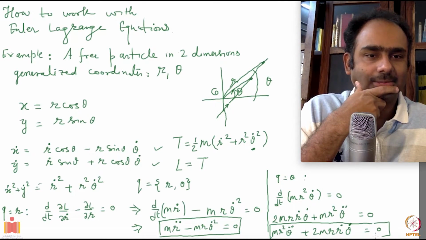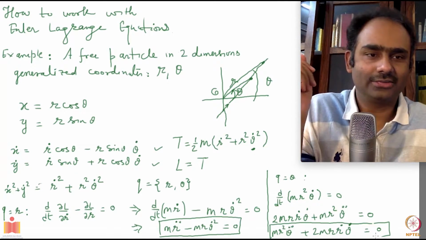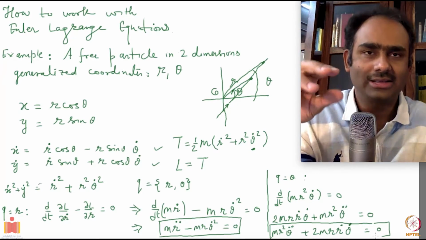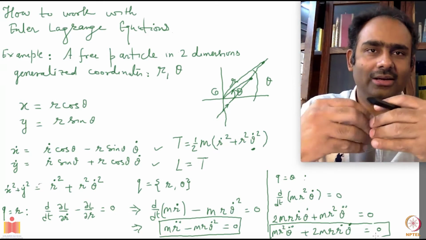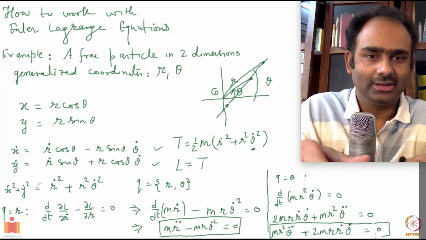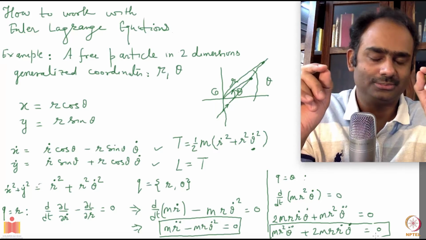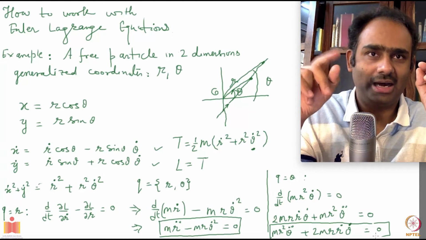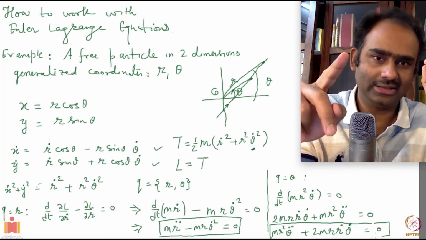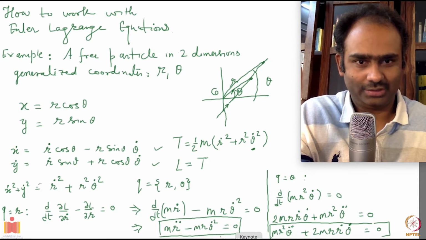Okay, if you recall, this is a familiar result. So if you take acceleration, which is the time derivative of velocity, and write it in polar coordinates, the component of acceleration along r hat, the unit vector along the radial direction, will be what you have on the left hand side here.